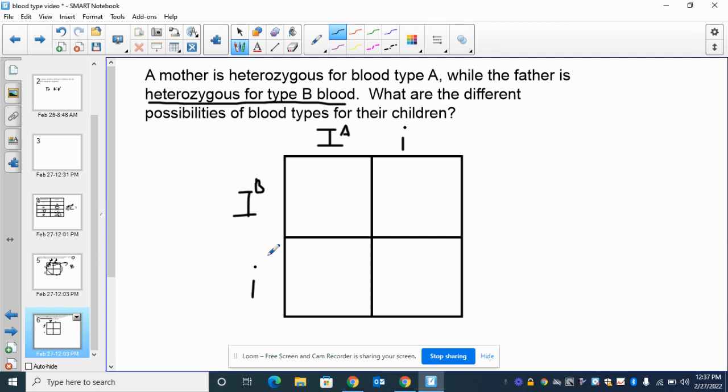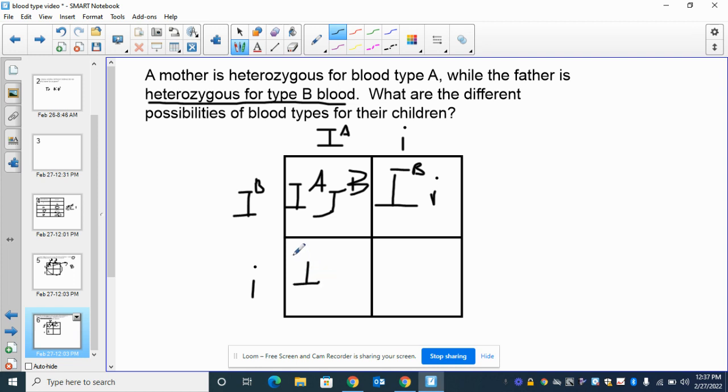Now, if they had children and we cross those, this kiddo would have one A allele and one B allele. So if they have one of each, remember, A and B are codominant, they'd be blood type AB. This kiddo would have one B allele and one O allele, so they're heterozygous for B, and blood type B would show up.